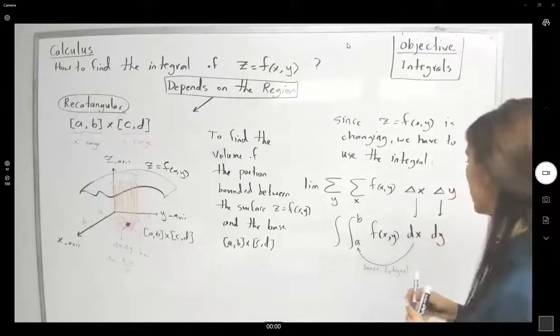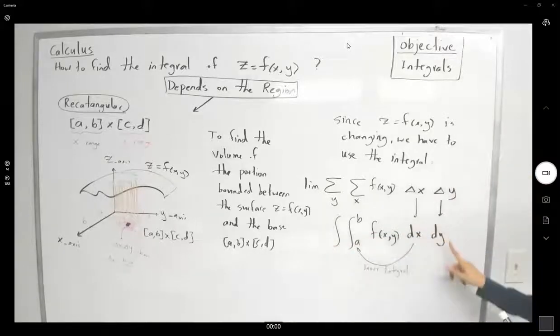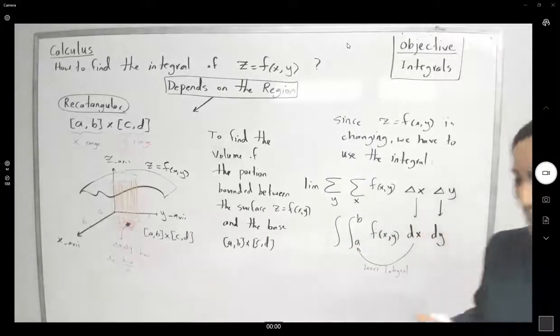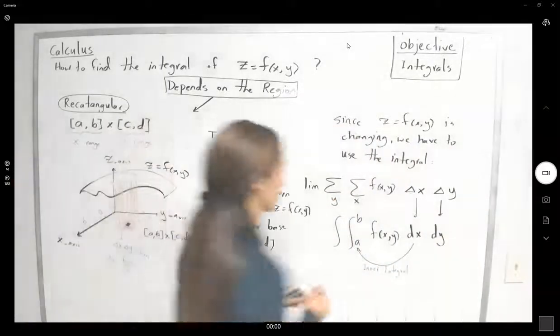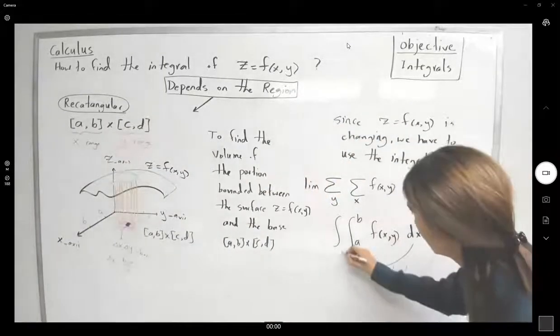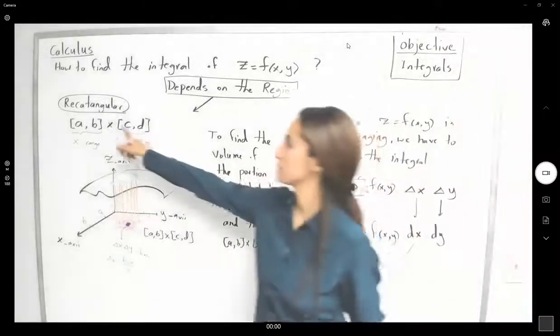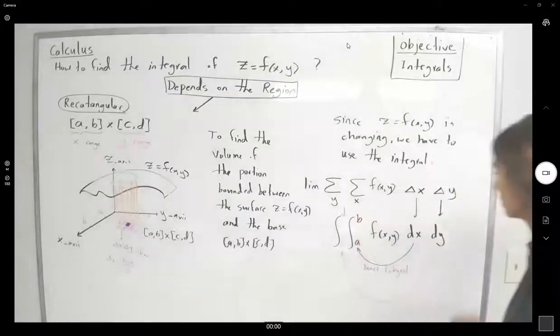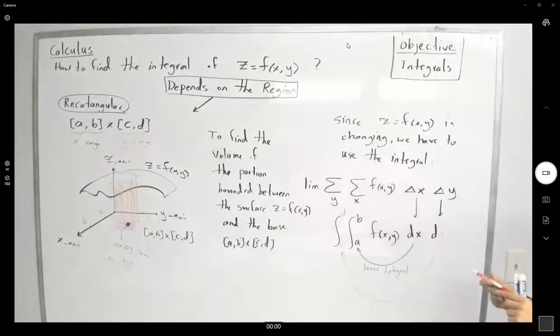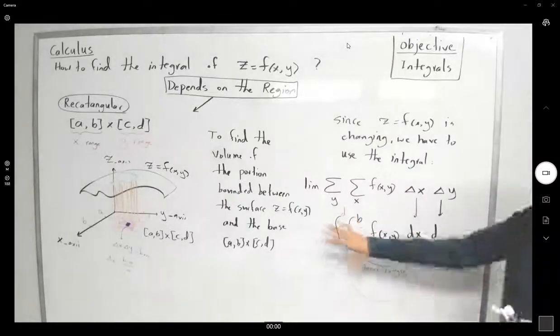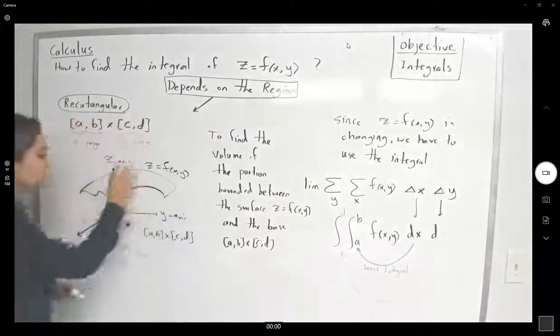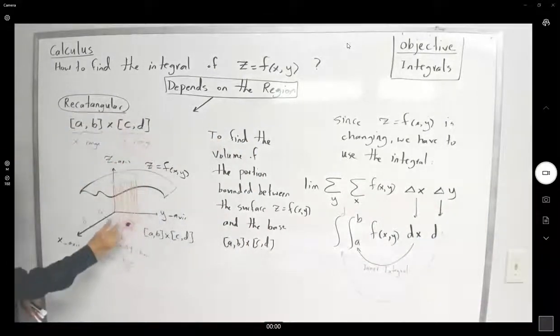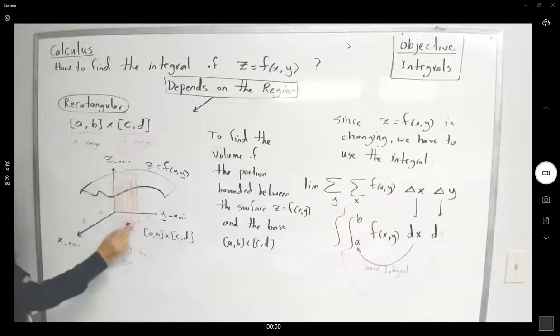Then the outer integral is related to your y. The outer integral related to y. So y ranges between c and d. So your lower limit is c and your upper limit is d. This formula gives us the volume of this portion of the surface bounded between this little region in the xy plane.